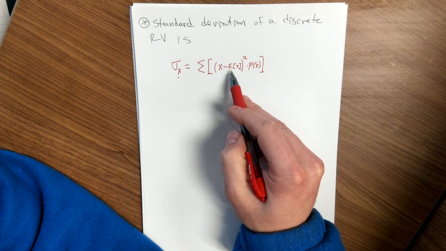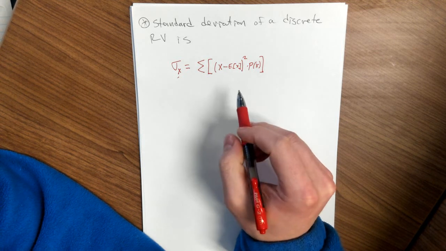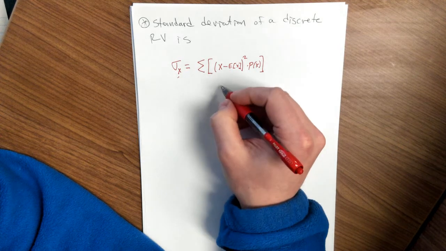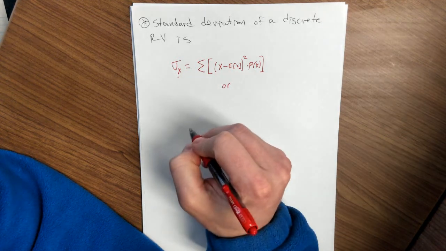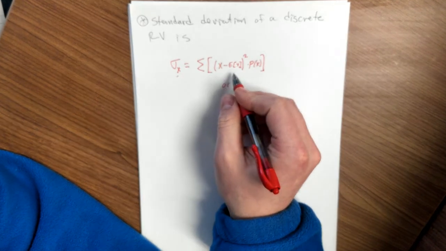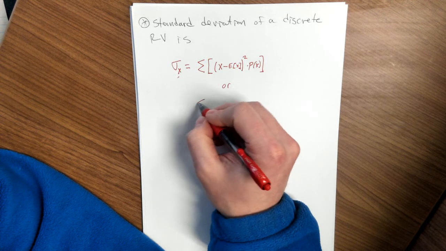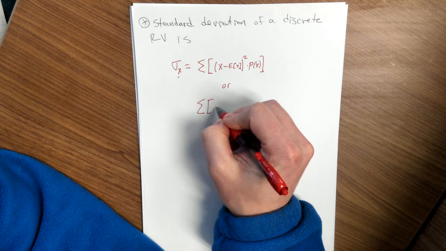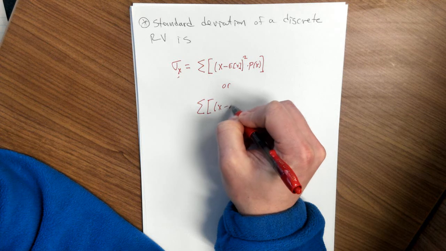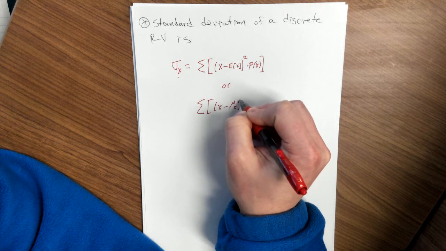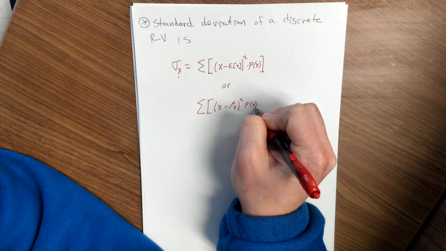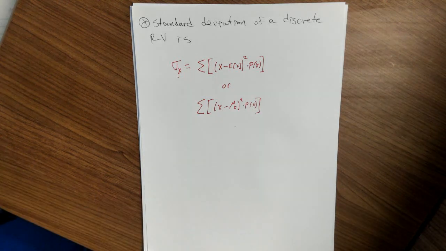I will typically use brackets the whole time around E of x. It just helps break things up. Or instead of E of x, it's the mean of x. So it's the same formula, just replacing it with mu of x squared times the probability of x.